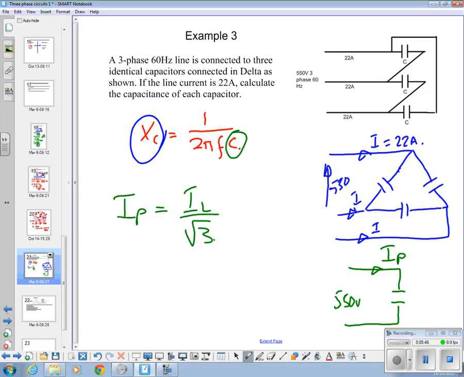Yep. 22 over root 3 equals. We could calculate that or we could substitute in, doesn't matter.